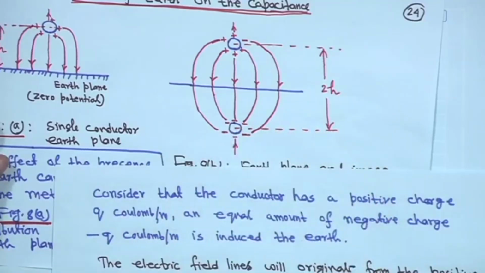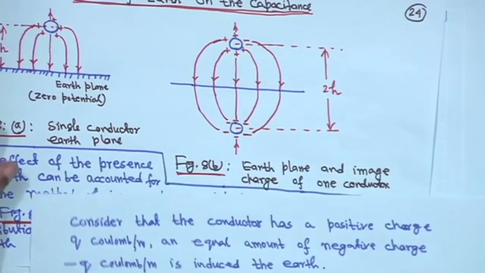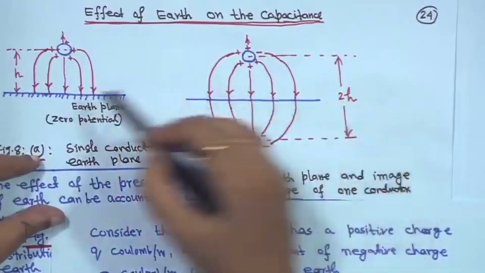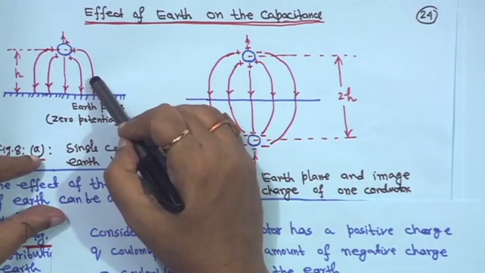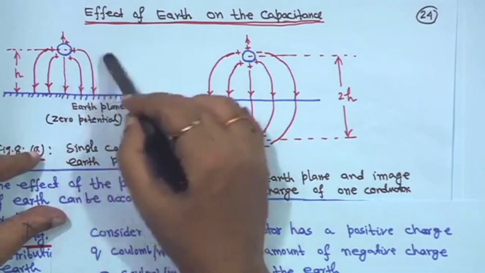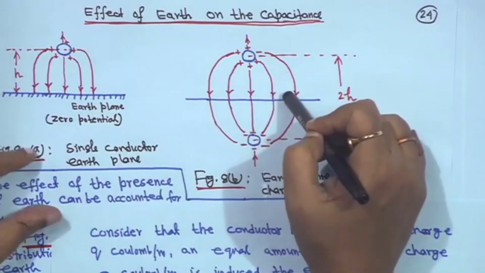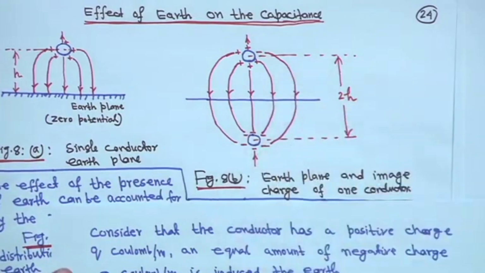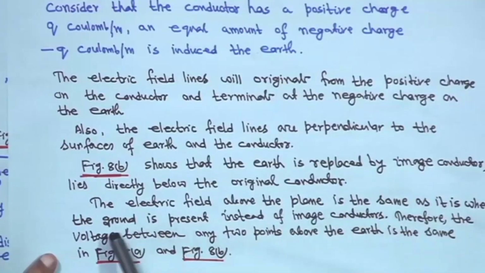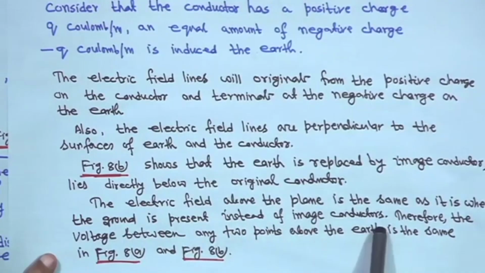So, the electric field above the plane is the same. Whatever the electric field is above here, here also it is the same. That means if you take the potential between any two points above this plane, we assume they are the same, because the electric field above the plane is the same as when the ground is present instead of image conductors.